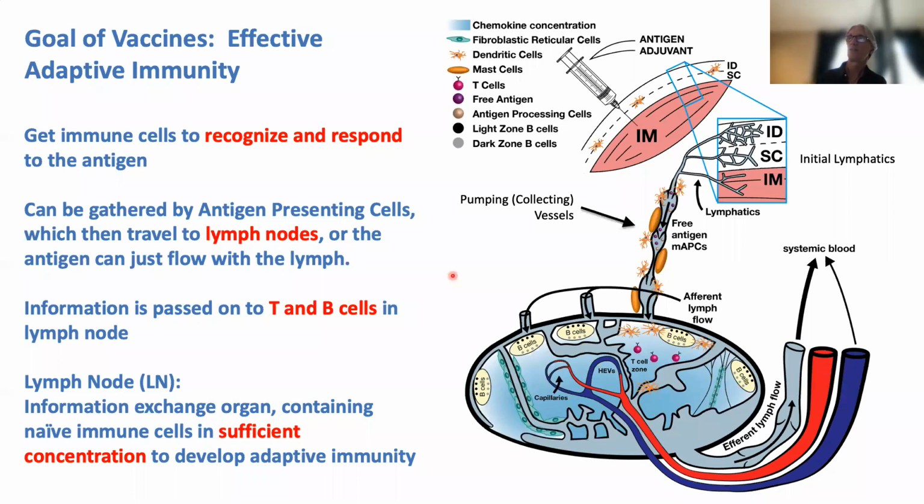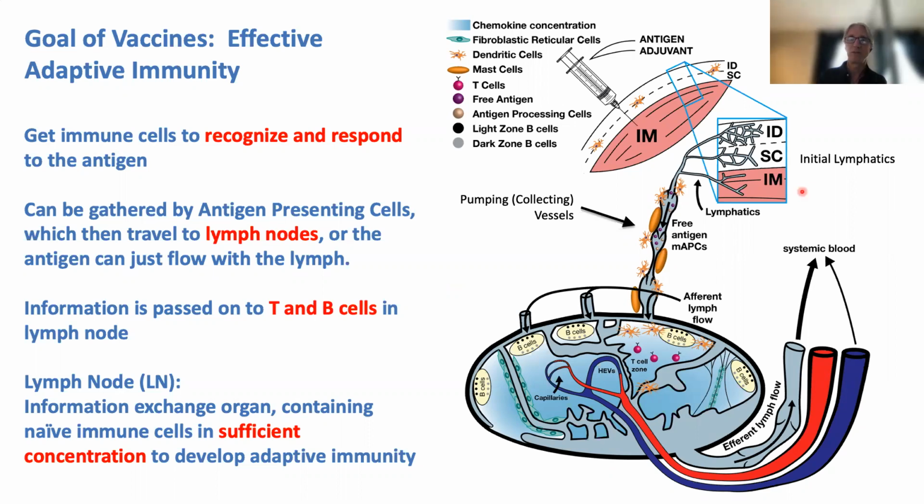And as I said, the lymph node is chock full of these cells. They're at really, really high concentrations. The B cells and T cells, you find just millions of them inside a typical lymph node. Compared to, say, the skin or the muscle, you don't find that many lymphocytes.